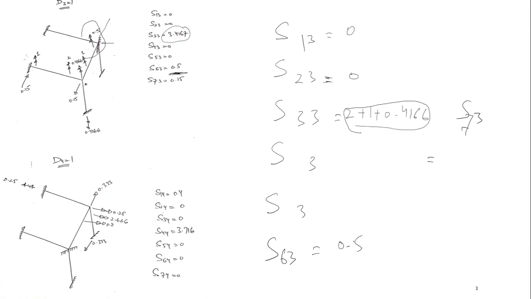You have to follow the legend or the basic structure on which K has been identified. D7 is taken in exactly the same direction, so it comes out to be 0.15.